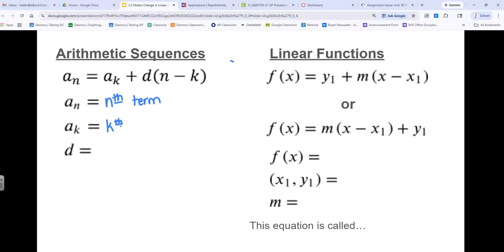Yeah, it's got to be kth term. Either way, that's going to be a number, right? It's going to be the 5th, the 7th, the 8th, something like that. The 2nd. And that is your known term. So it's like, if they give you the 2nd term or the 5th term or the 9th term. And D right here is still our common difference.